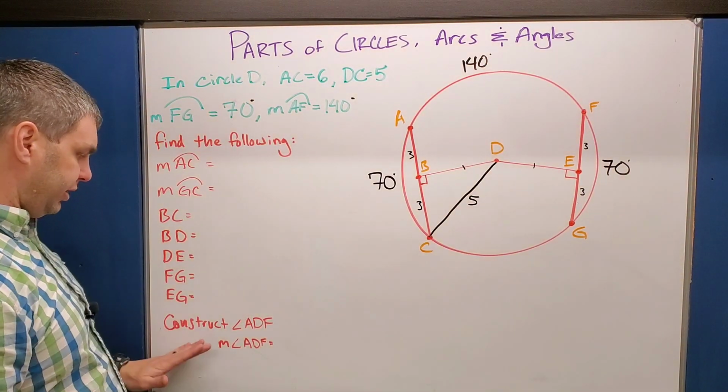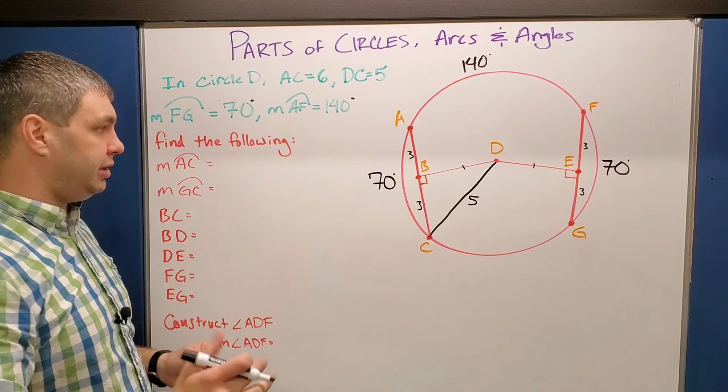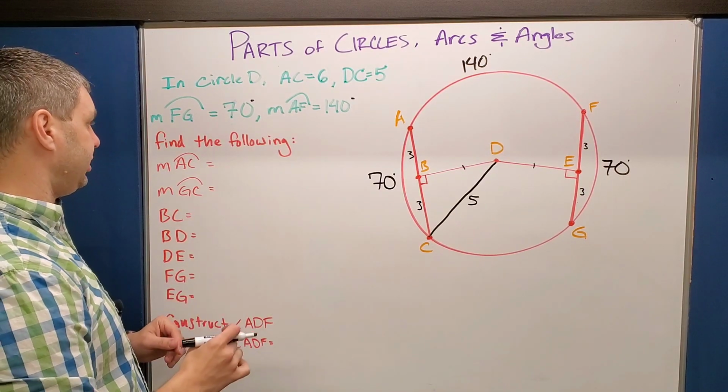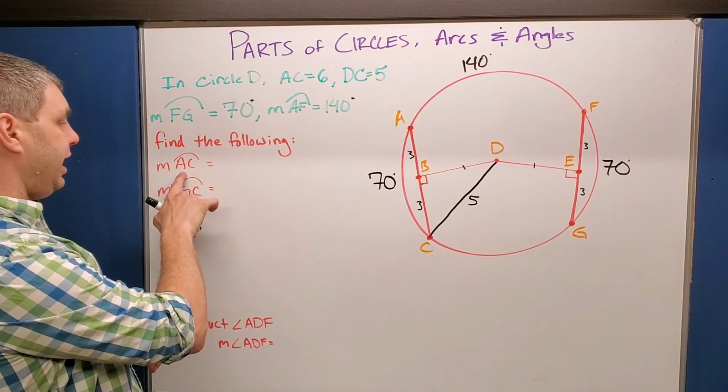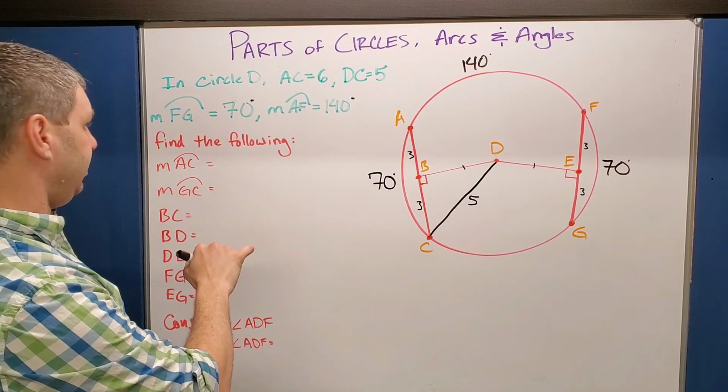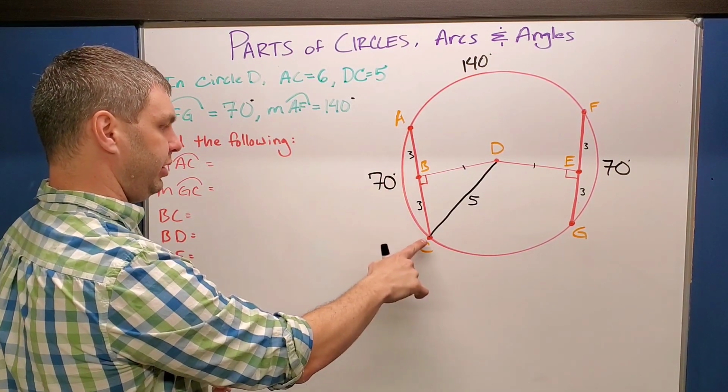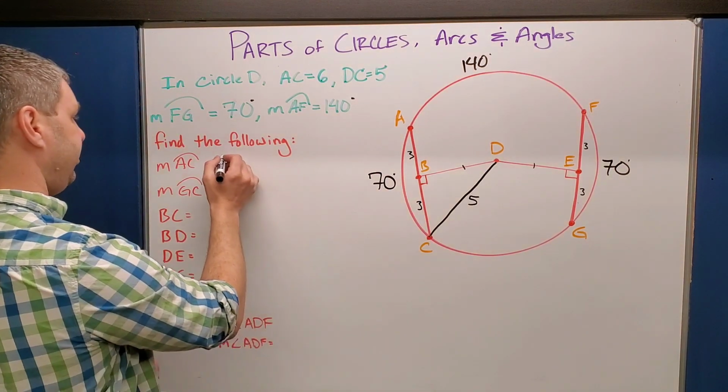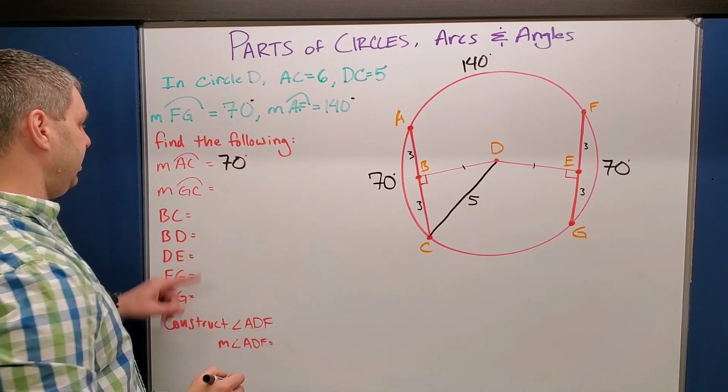It has a bunch of stuff listed out here. We're going to get through all this and then we'll be done with this video. But let's see, it says AC. Well, AC, we know already, like we said, is going to be 70 degrees because the other side is as well.